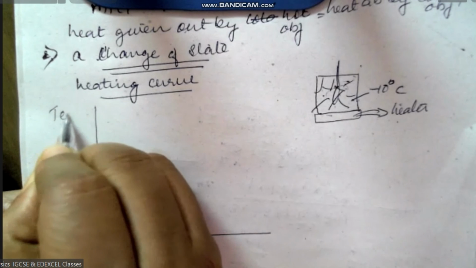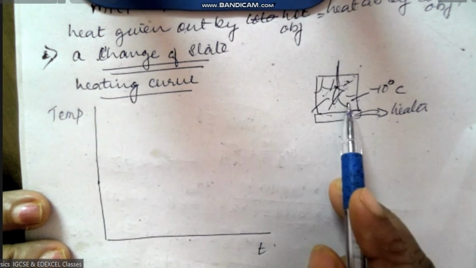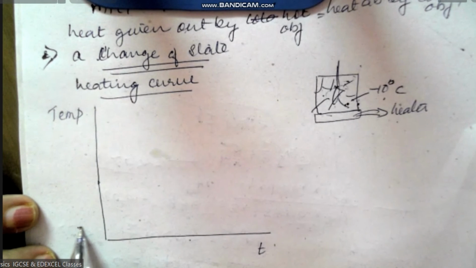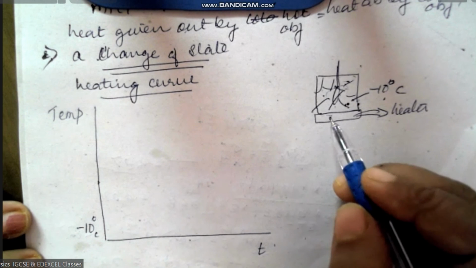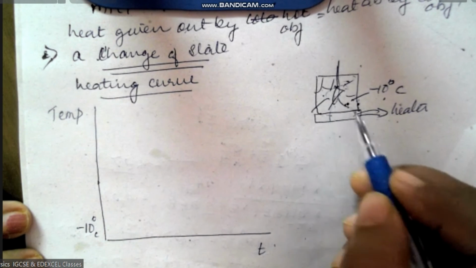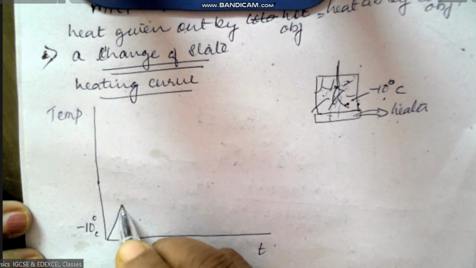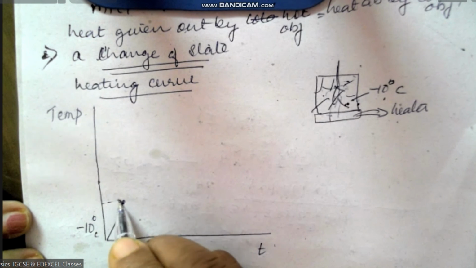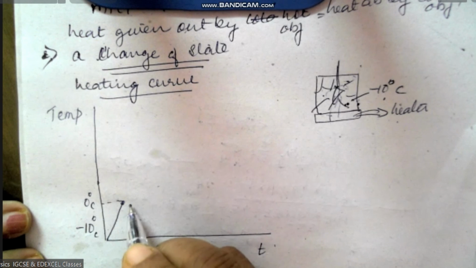So here we have temperature against time. Initially this is at minus 10 degrees Celsius. As you continue heating, as the heater continues to give energy, the temperature slowly rises until it becomes 0 degrees Celsius.